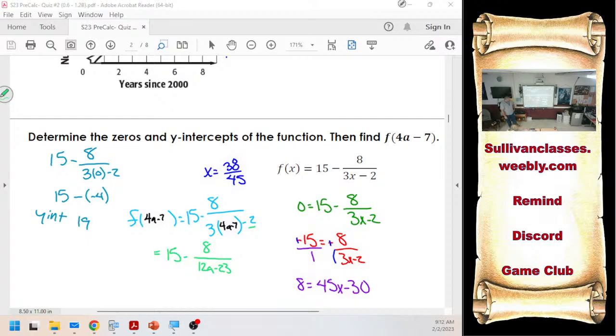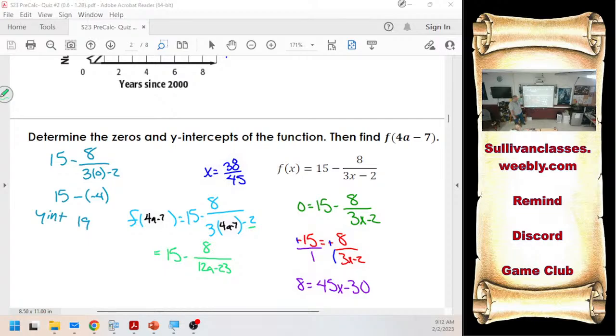Can I simplify that rational part on the right? Do all three of them share a factor? All three of those terms do not share a factor. If this was like 24 or 22, then I could, but in this case I can't. Just watch out for that.